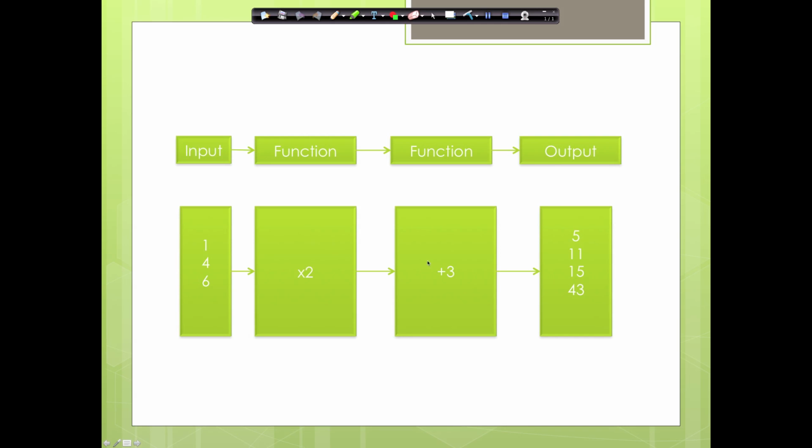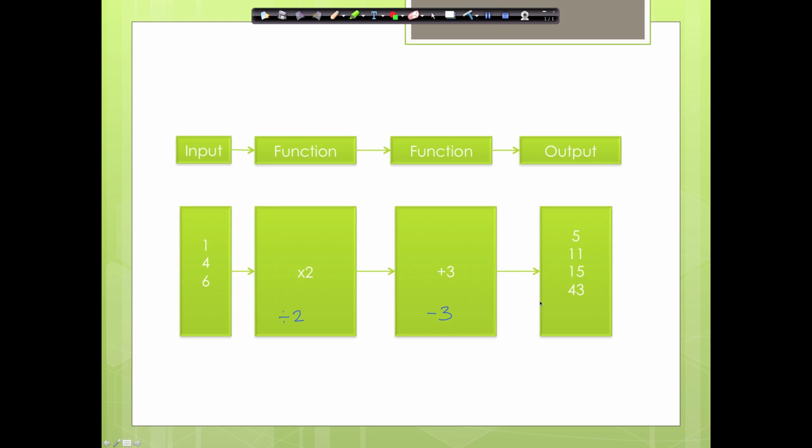Okay, so we need to go backwards in our function machine to get back to the input or the start value. So remember, we always do the opposite operation as what is said or shown. So instead of adding 3, I need to take away 3. Instead of timesing by 2, I need to divide by 2.